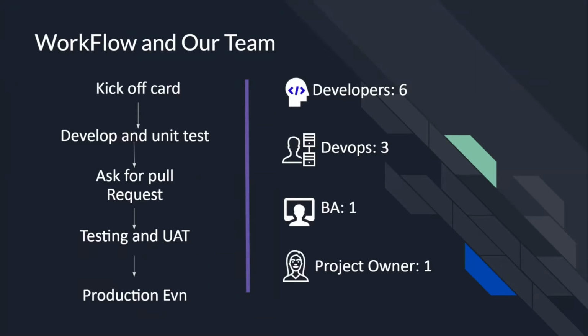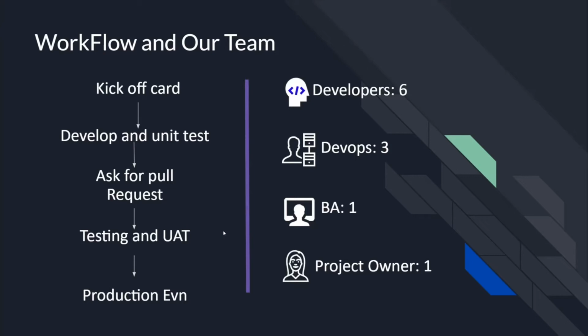As for the developers, we start from clicking one card. In this card, it contains what functions we have to achieve and the UI we should notice. After the developing and unit test, we would create a pull request and ask other developers for checking. If all the checks pass, we would merge the branch into the master branch.